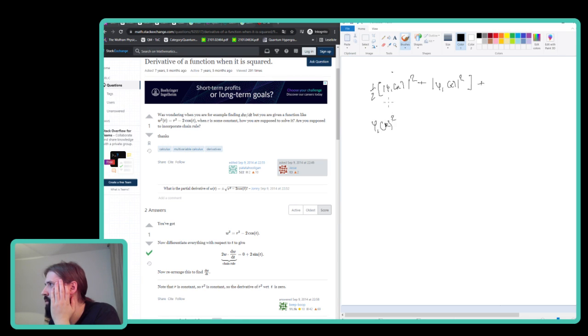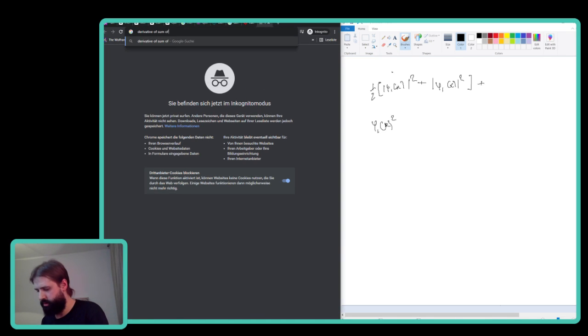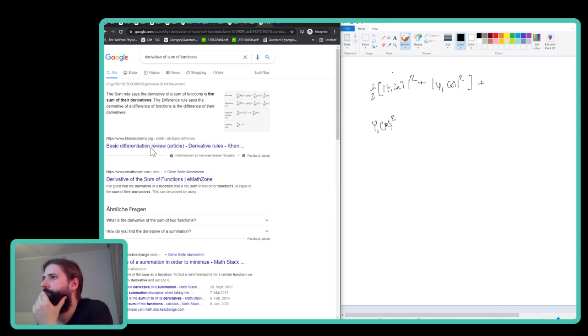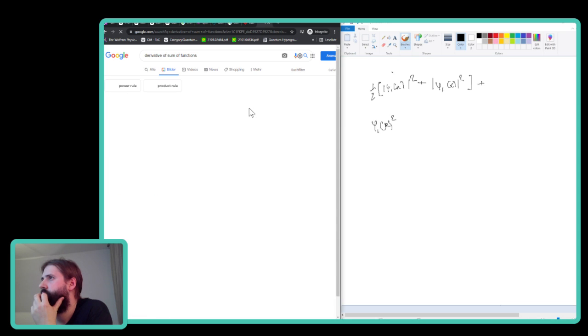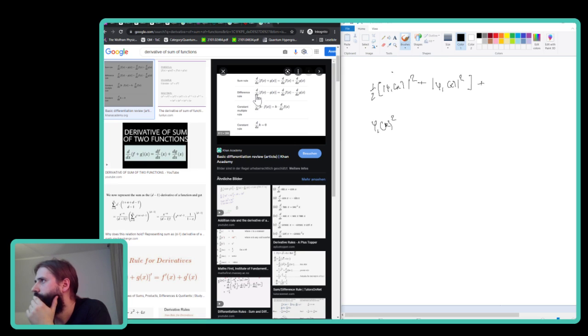So the derivative of this one is the derivative of the sum of functions. Is it just the sum of derivatives? Yeah. Okay, thumb rule.